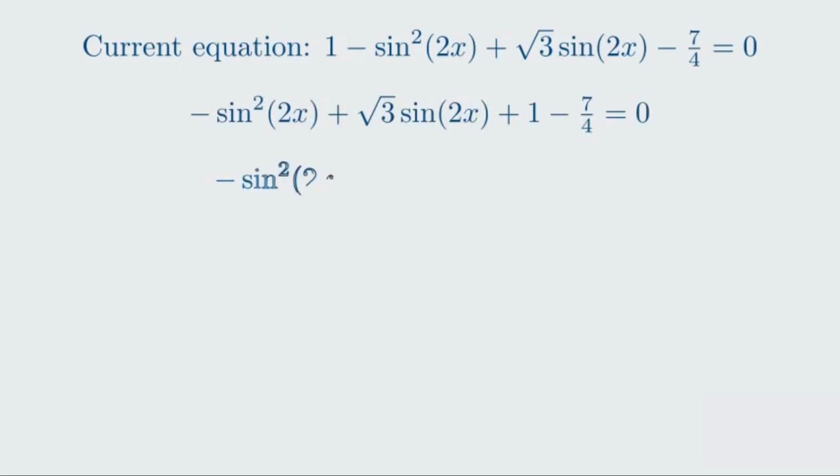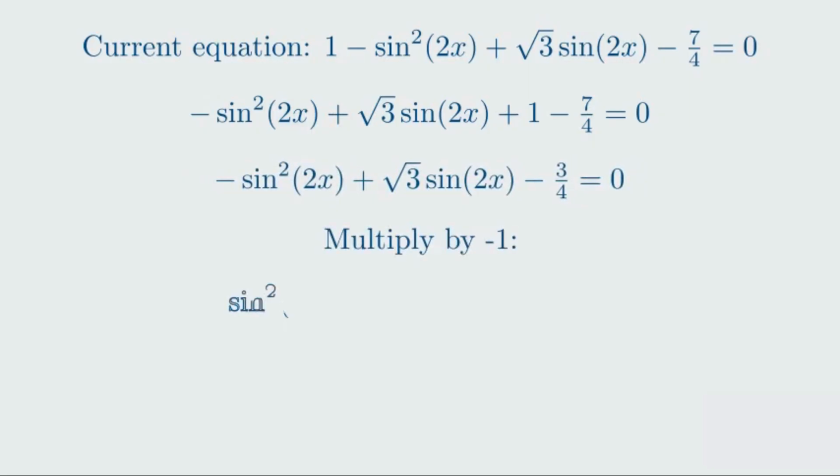The equation is now negative sine squared of 2x plus square root of 3 sine of 2x minus 3/4 equals 0. To make it look more like a standard quadratic equation, where the highest power term is positive, let's multiply the entire equation by negative 1. Multiplying by negative 1 changes the sign of every term. The negative sine squared becomes positive, the positive square root of 3 sine becomes negative, and the negative 3/4 becomes positive.